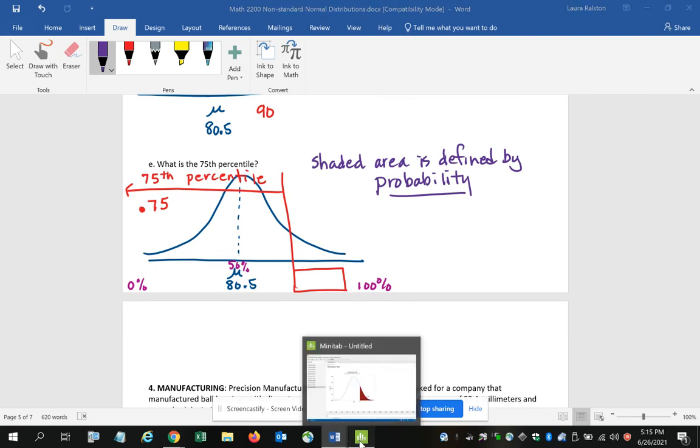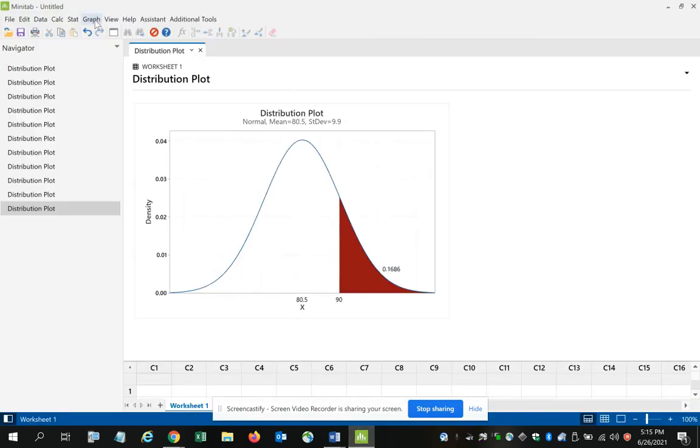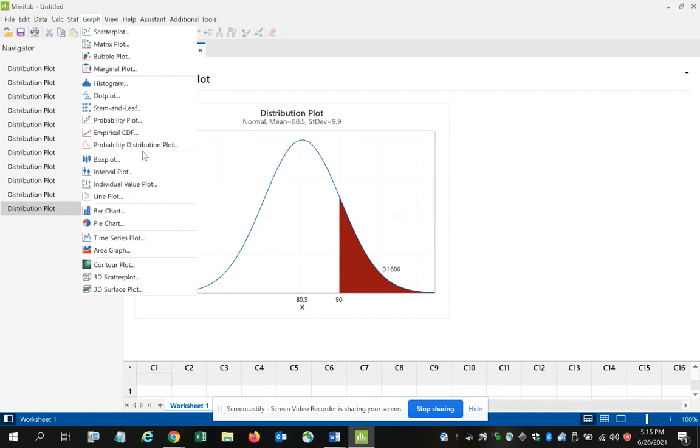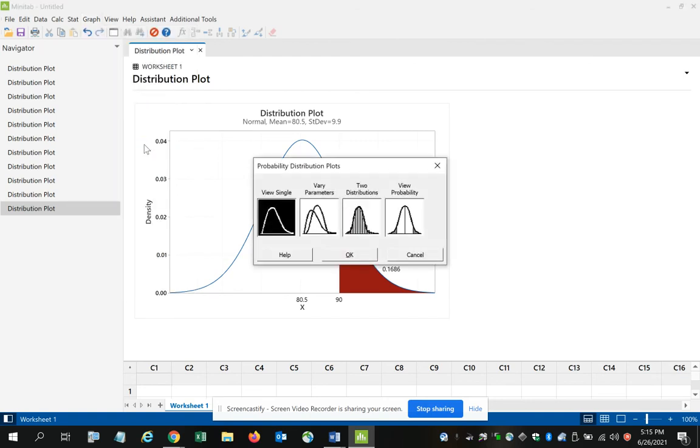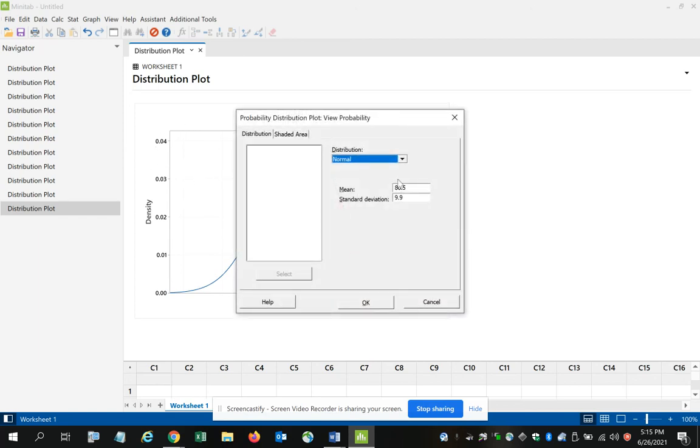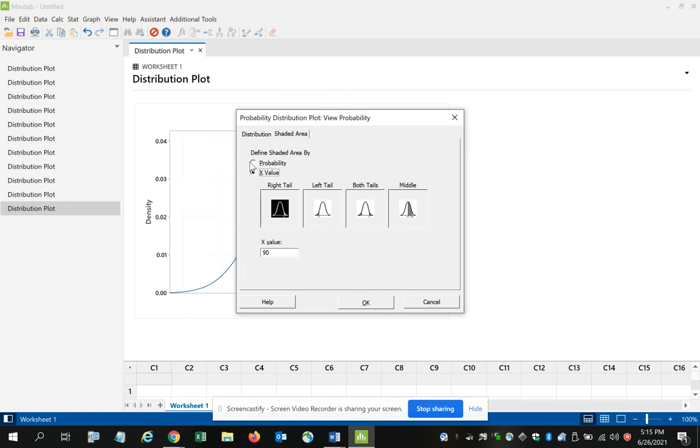Okay, so I'm going to Minitab, graph, probability distribution plot, view probability, normal distribution, mean of 80.5, standard deviation of 9.9. My shaded area is defined by probability. It's to the left, and I'm doing 0.75.